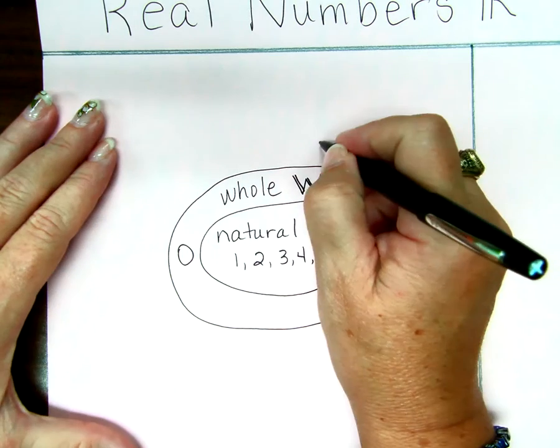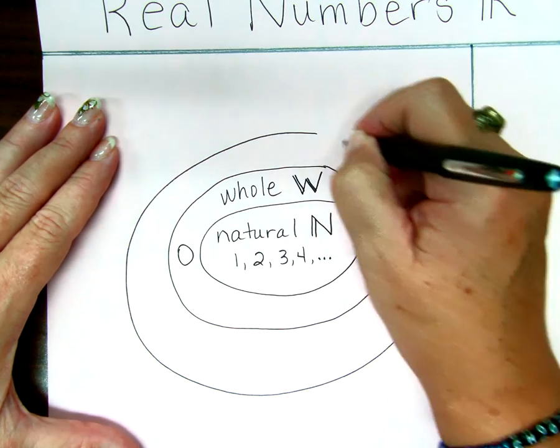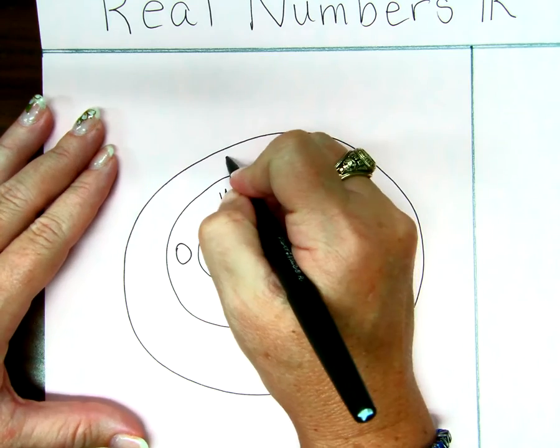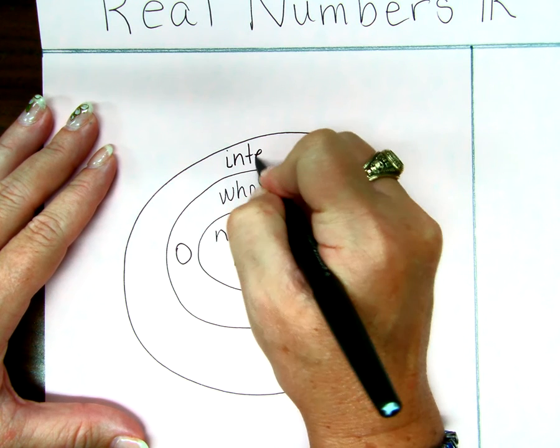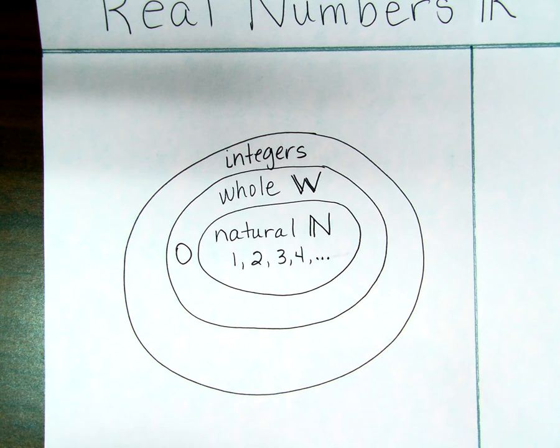All right, so next we have integers. What sort of symbol do you think we'll use for integers? Now, do you think that would be a good choice if we chose I?